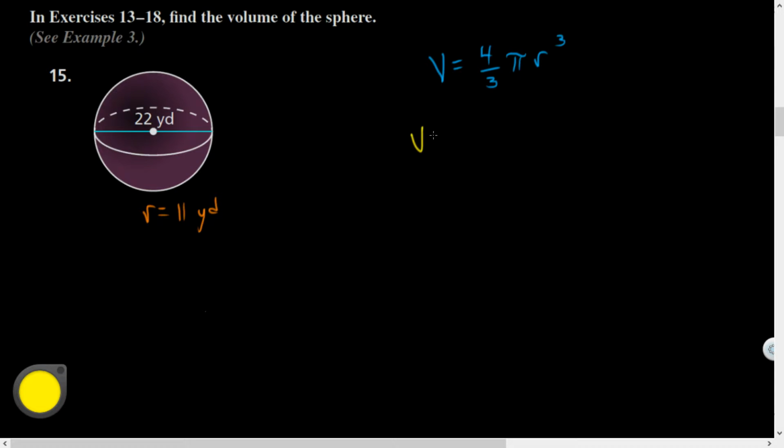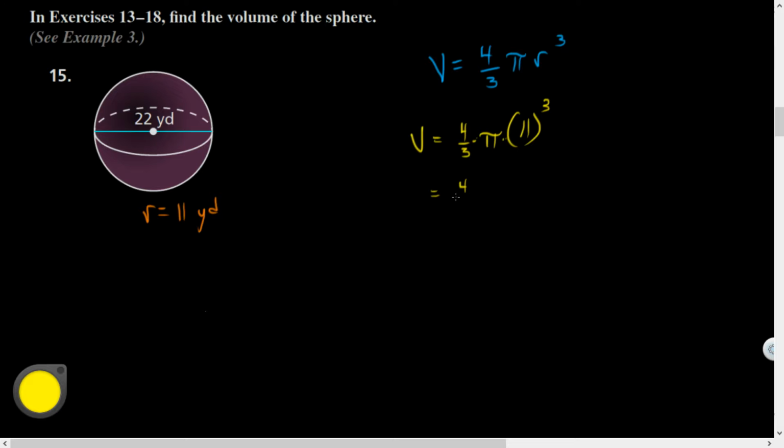So the volume is going to be 4/3 times pi times 11 cubed. It's all times except for that 3 down there in the denominator. So let's see. 11 to the third is 1331.